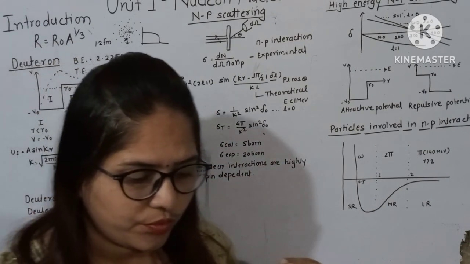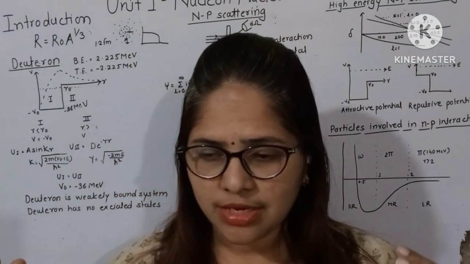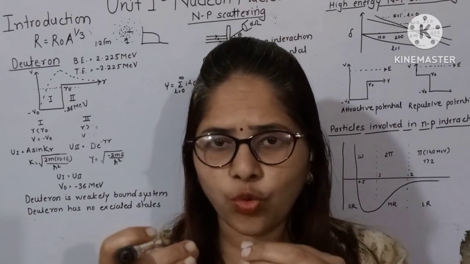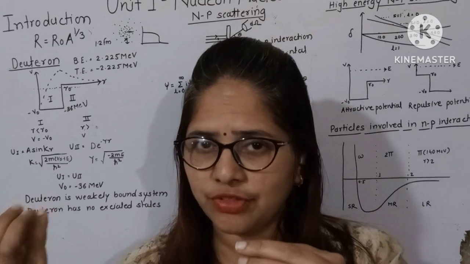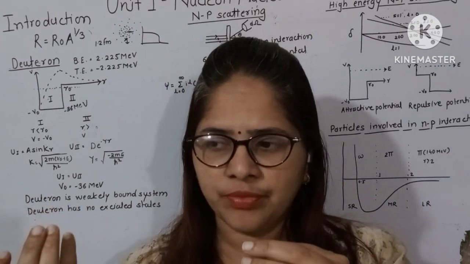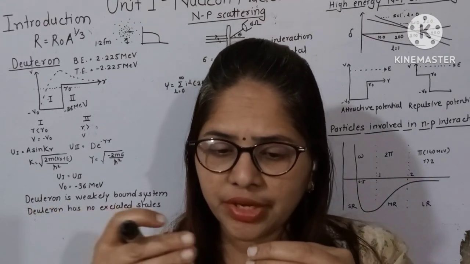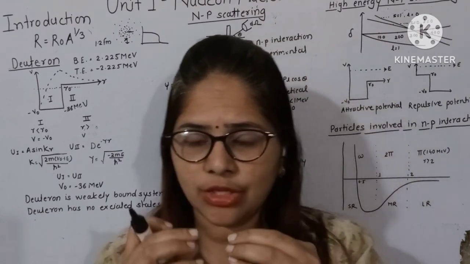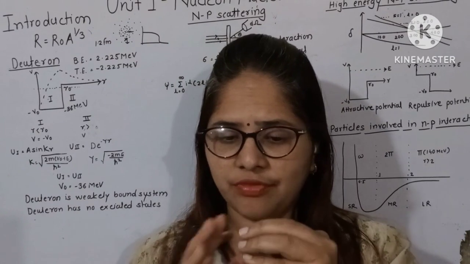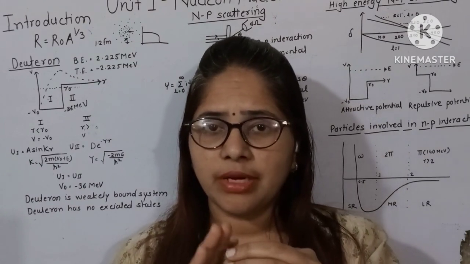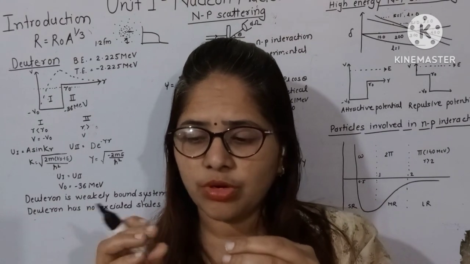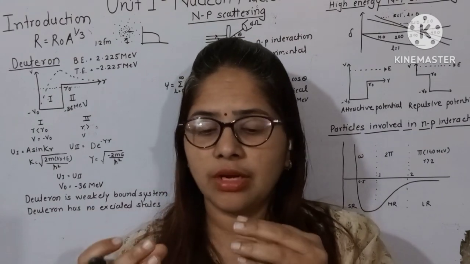So when the neutron and proton are there, suppose the proton is coming very close, and the kinetic energy of this proton is increasing, so it is able to reach the neutron. Now we know that these are also made up of fractional charges. The neutron is made up of down, down and up quarks, and the proton is made up of up, up and down quarks.